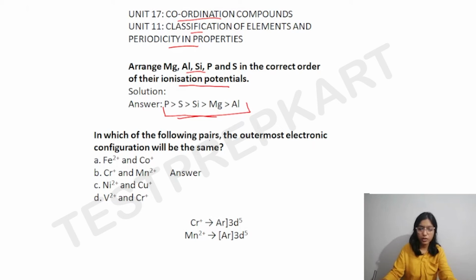Next, in which of the following pairs will the same outermost electronic configuration be seen? In the periodic table, D block, magnetic properties, configuration, hybridization, all these are simple concepts. If you know the concept, in this question the outermost configurations of these two are the same. So you can answer these questions.